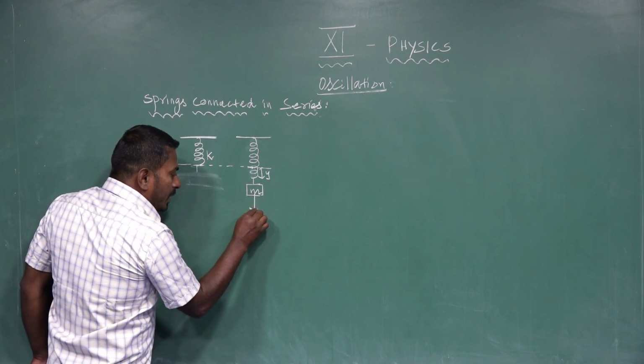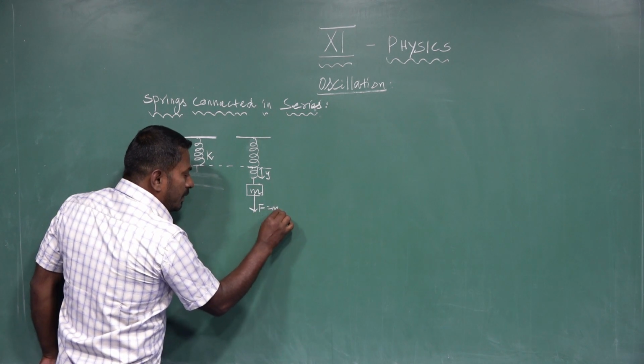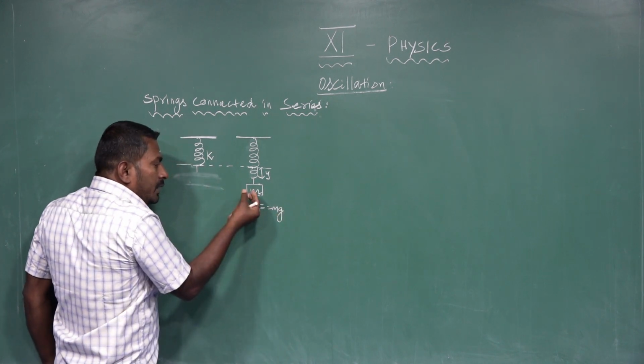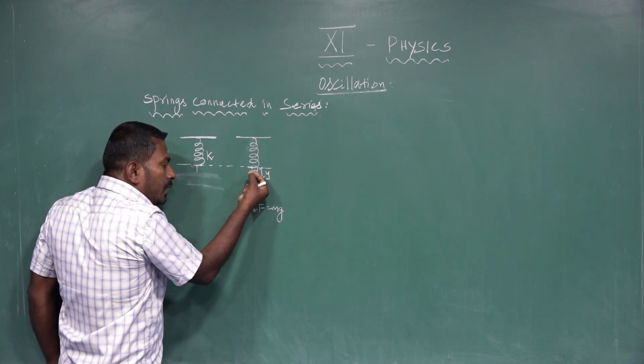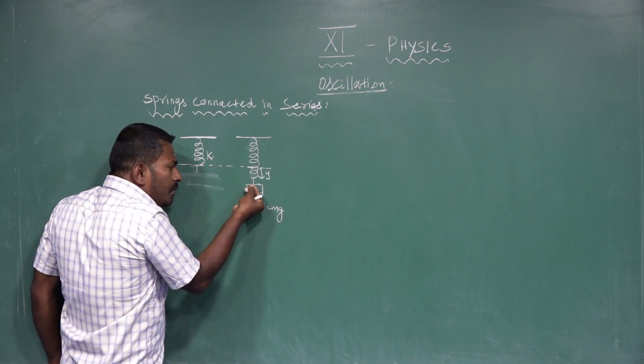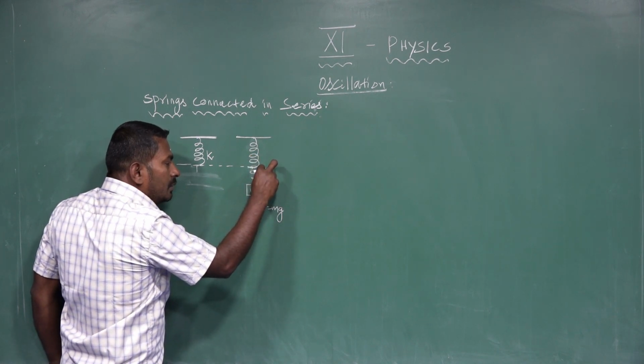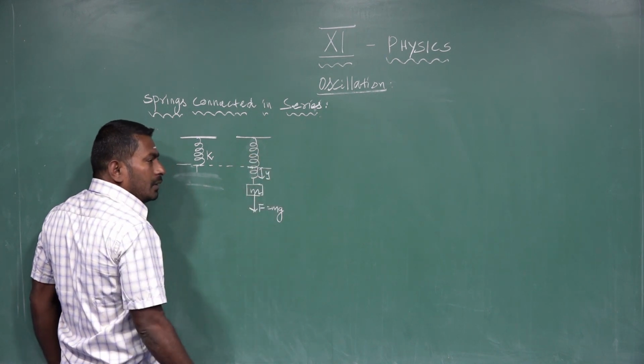The gravitational force experienced by the load of mass m is F equal to mg. Due to the gravitational pull, the load moves in the downward direction, and the spring extends through a small displacement y.